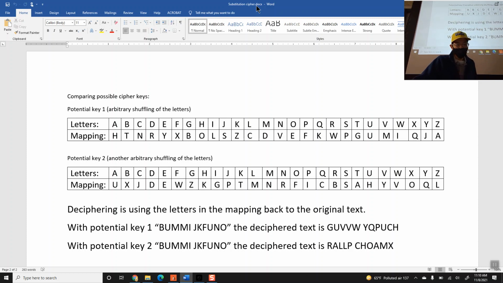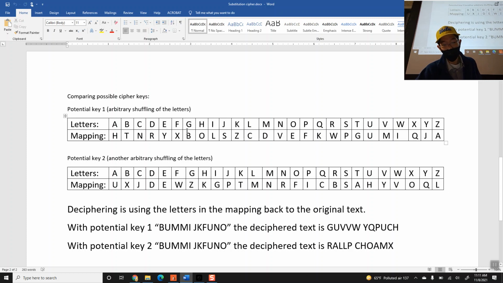So let's say these are just two potential keys. Here's one random combination of letters, and here's another. If we use the first one, potential key 1, and feed BUMMI JKFUNO through it, what would the translation be?